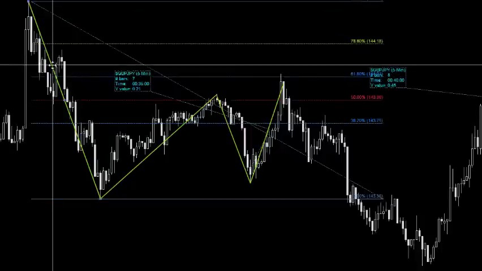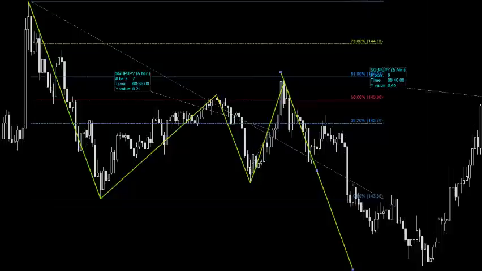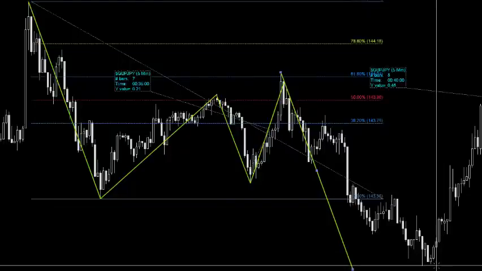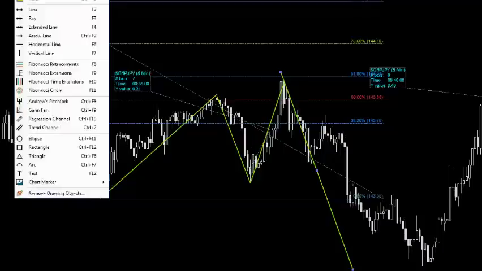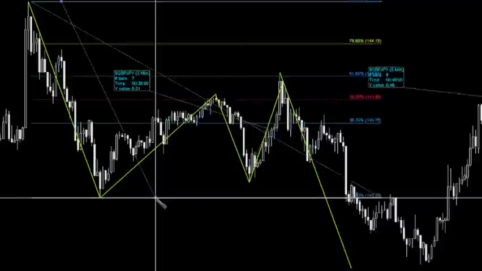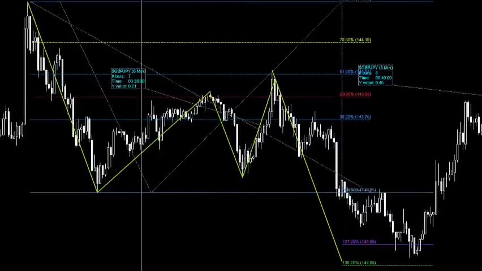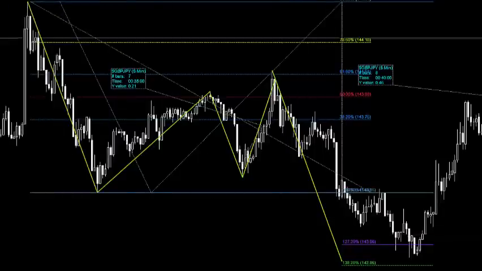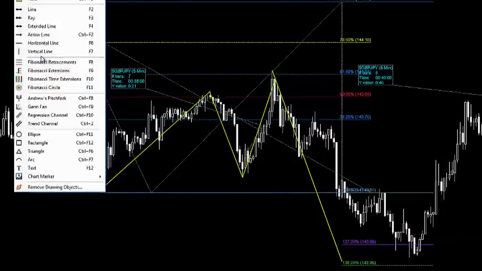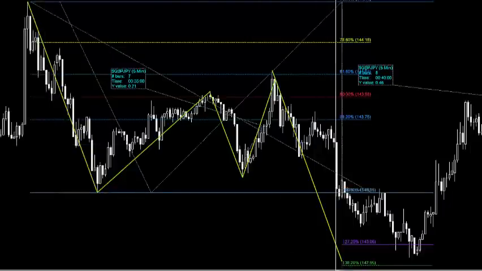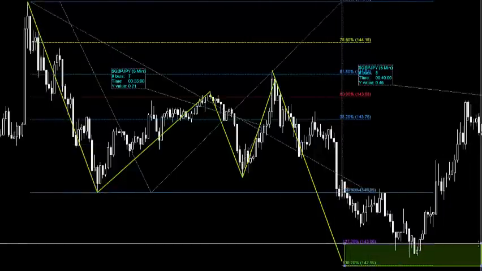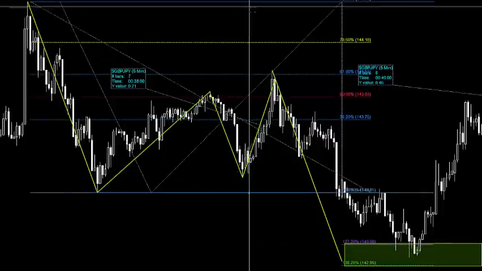We have to take this AB leg, copy and paste it to right here, and as you can see, price completed that pattern very nicely and gave you a very nice and precise reversal zone, right in here, that you could have traded and taken profit.